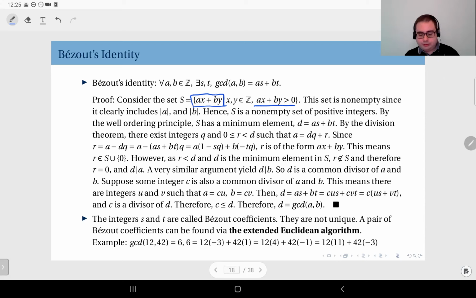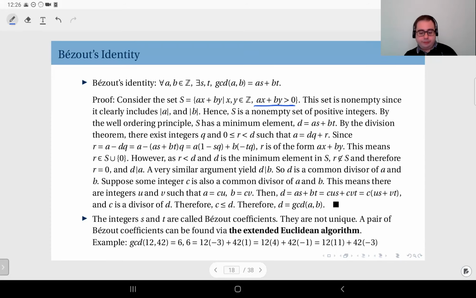So I'm choosing the linear combinations of a and b that are positive.